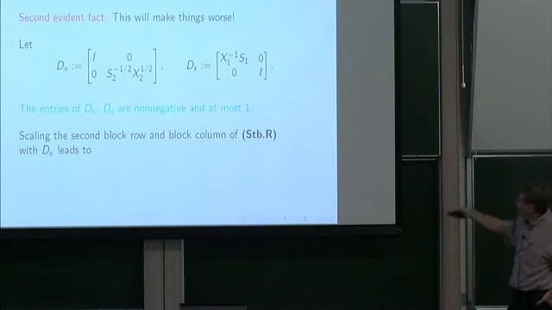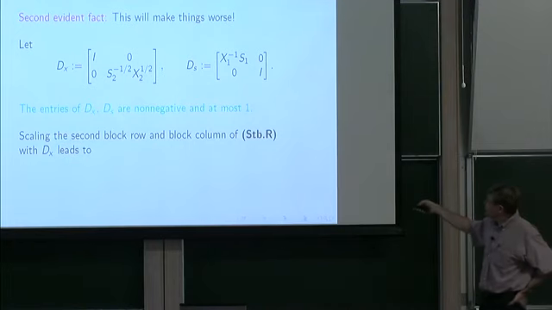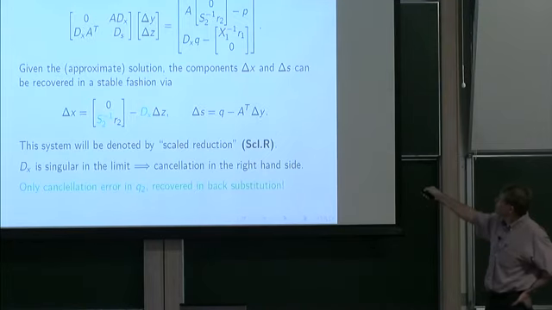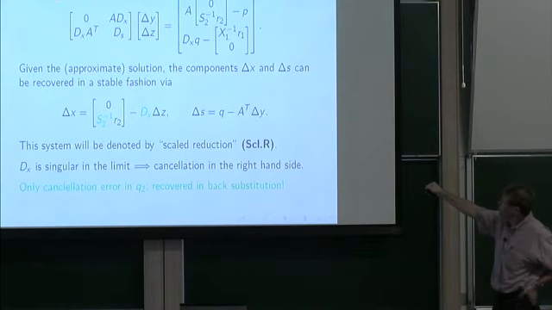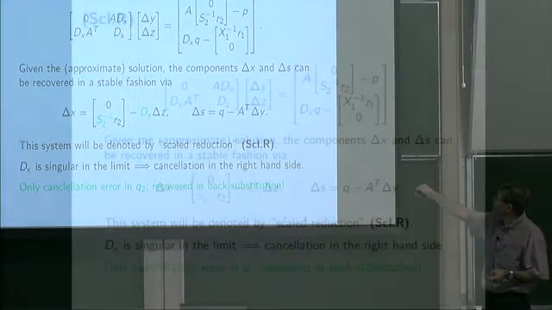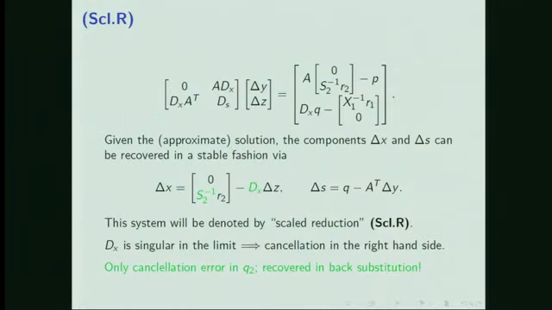So when we rescale the system, then we do come up with this system here, just as straightforward linear algebra, and we can do a stable backsolve. So the backsolve only involves the large quantities of X and S. The X is a matrix which has at most ones on the diagonal, and the S too, so there is no magnification at this point, and there's only some cancellation error in Q2 because of the X1.